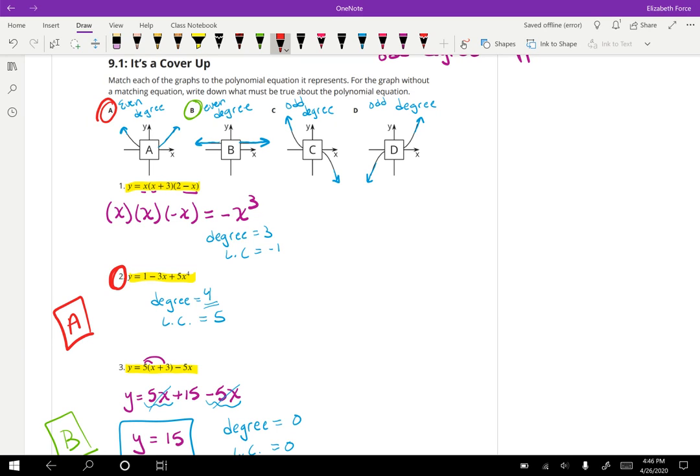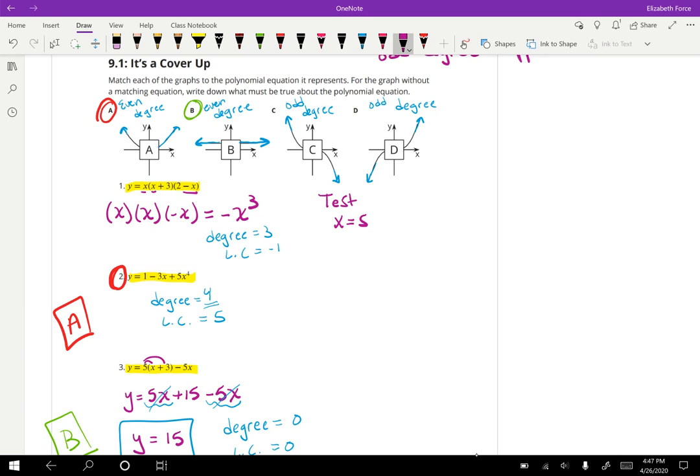So we kind of have to reason this out a little bit to figure out which one it could possibly be. So I think I'm going to use some input values to help me figure out which one it could be. So if I were to plug in some positive x value, I'm going to pick my favorite number, which is 5. So I'm going to test out x is equal to 5.